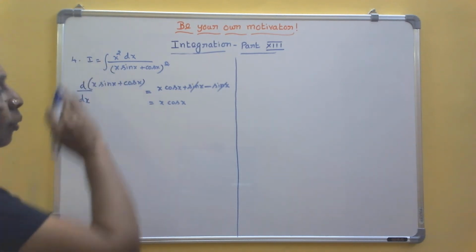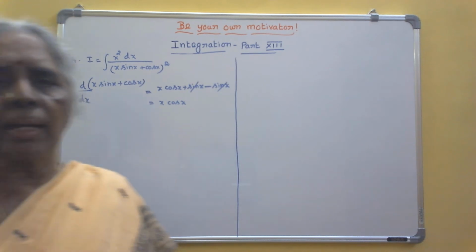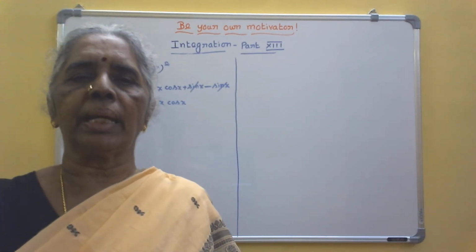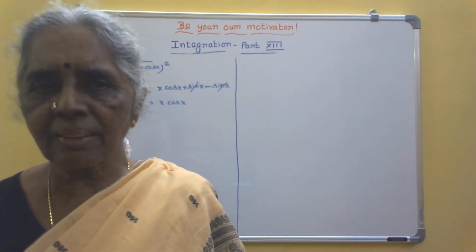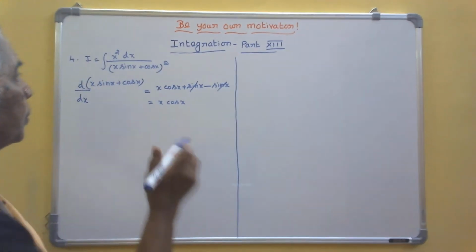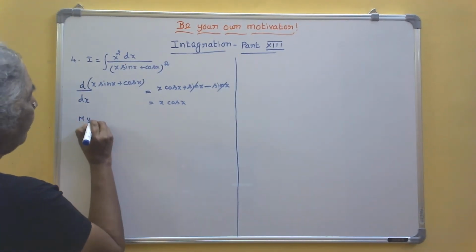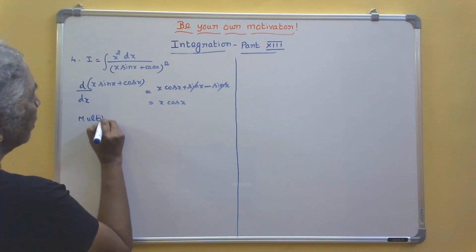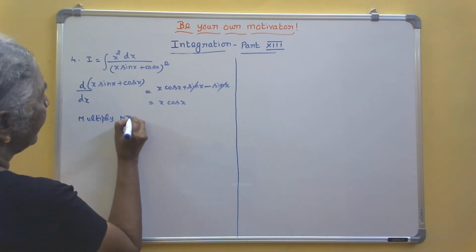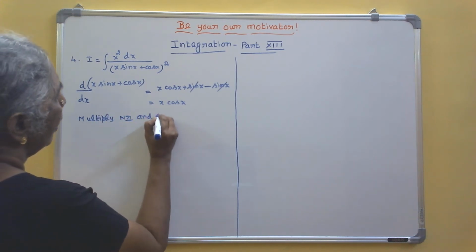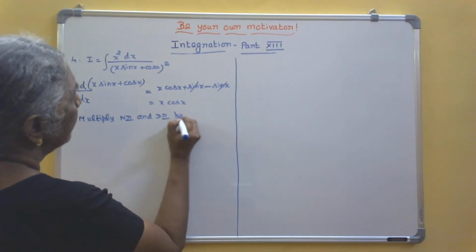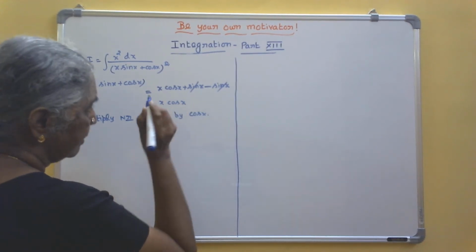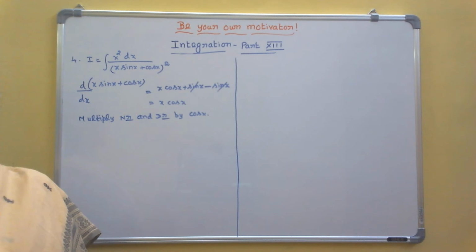If you see the numerator, x squared is there, we can write that as x into x, but we don't have a cos x there. So what I am going to do is multiply numerator and denominator by cos x, because I want to get that cos x there.